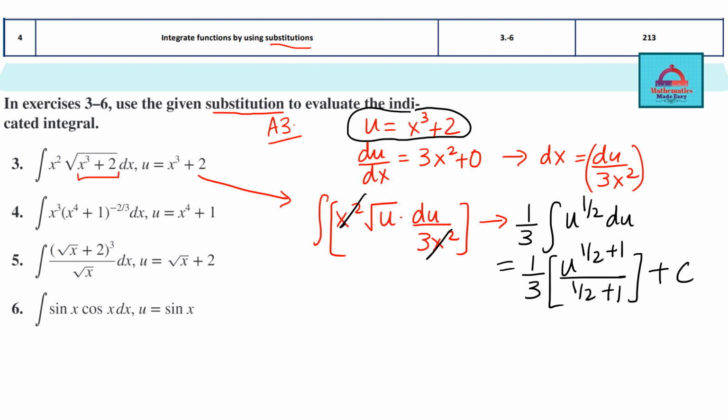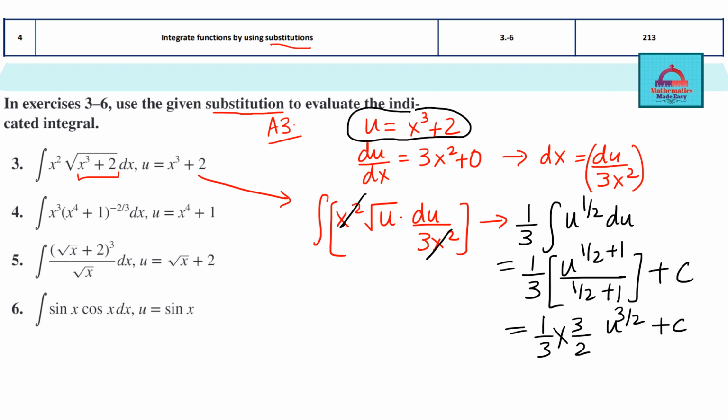So the denominator 1 by 2 plus 1 changes to 3 by 2, and the 1 by 3 comes out of the integral. So this becomes finally 1 by 3 multiplied with u to the power 3 by 2 over 3 by 2, plus c.